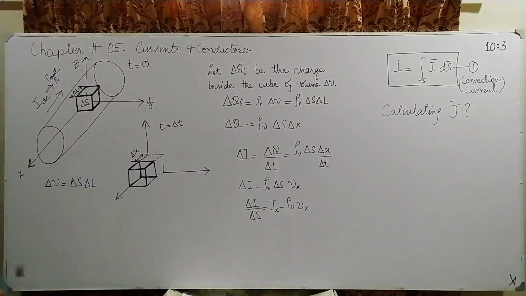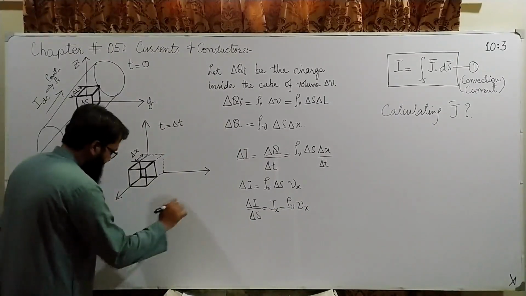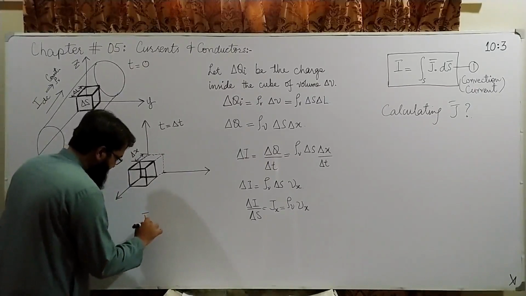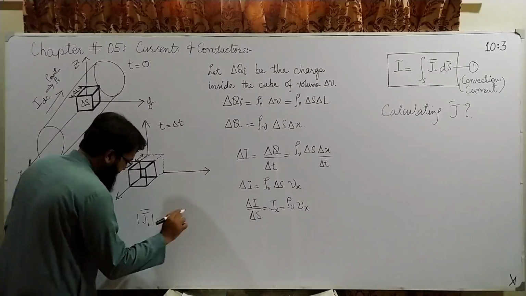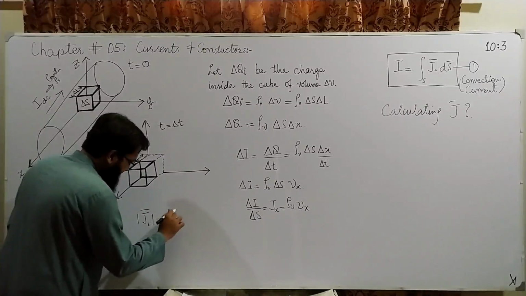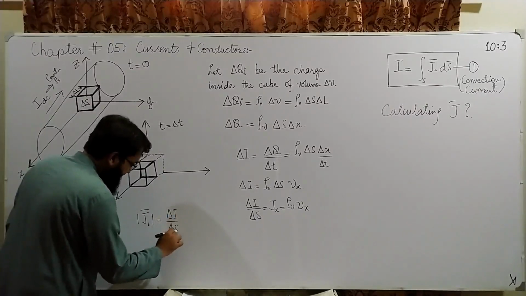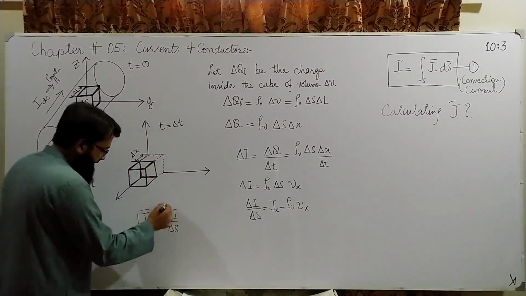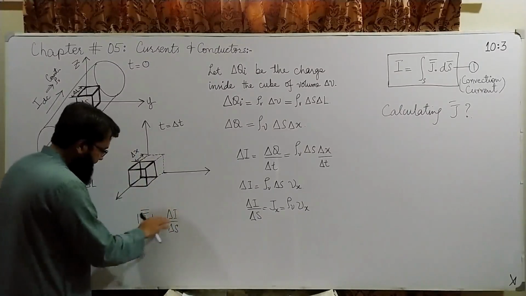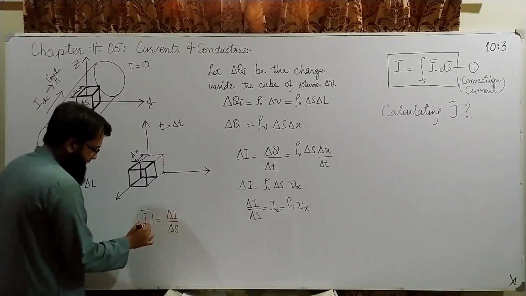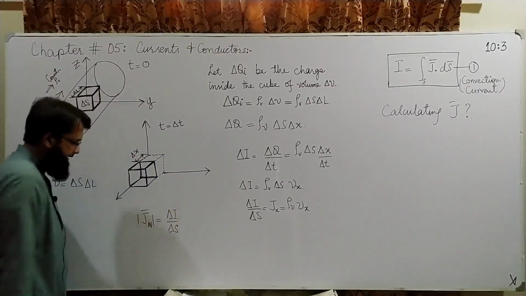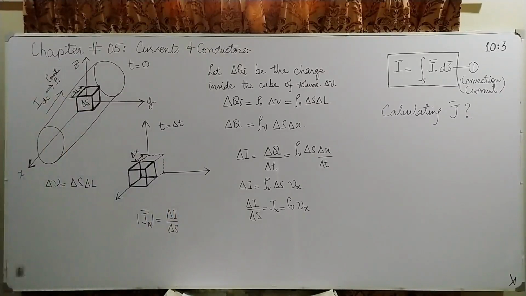Just as previously, when we defined the current density, we said that the magnitude of current density is given by delta I over delta S, and we said there is one assumption, that the charges are moving perpendicular to the surface. That's the reason why we appended capital N here.